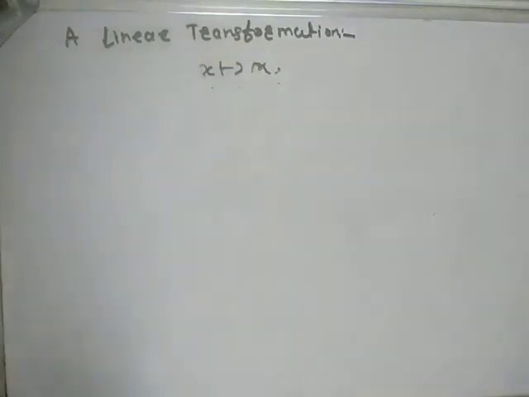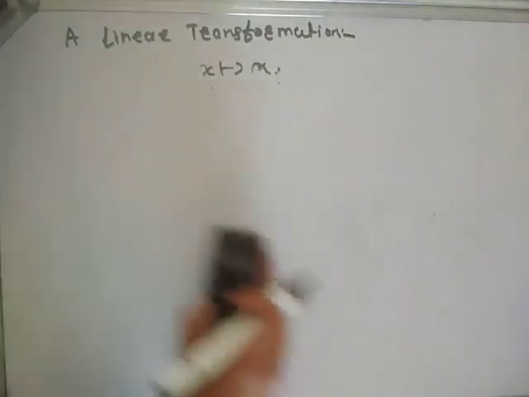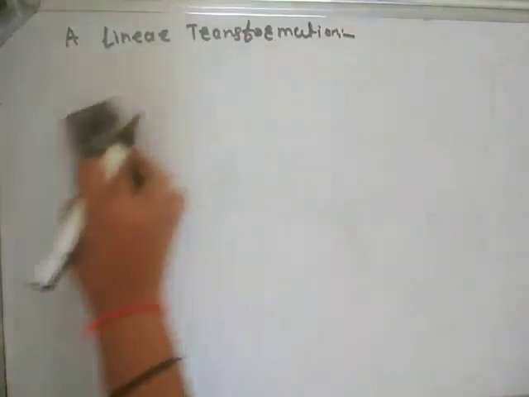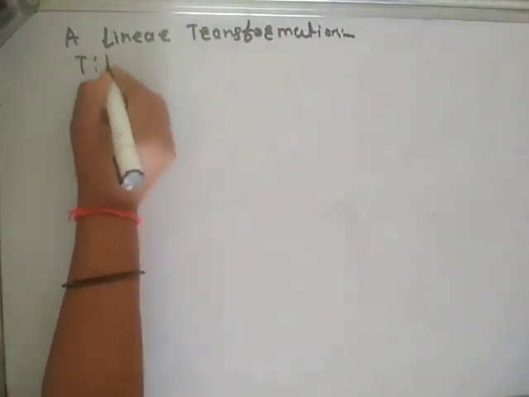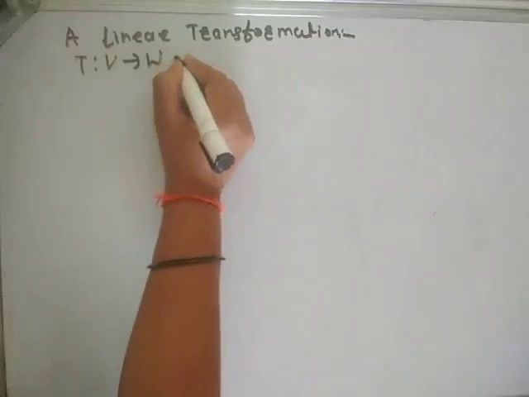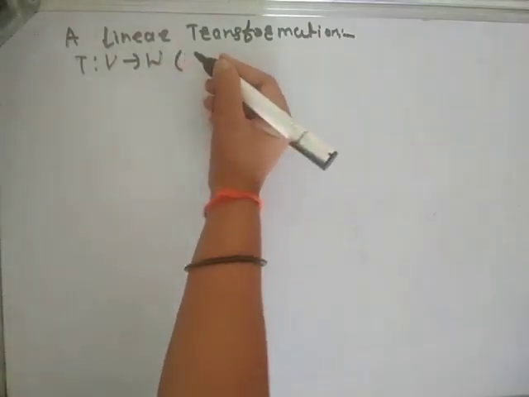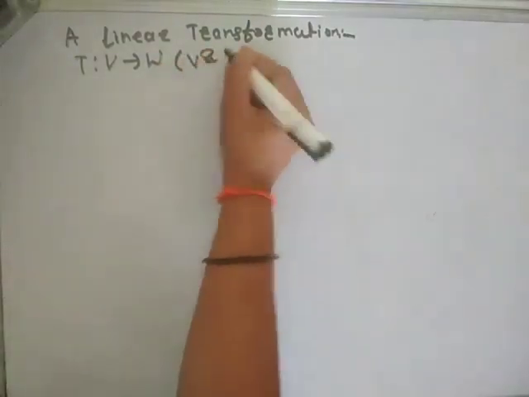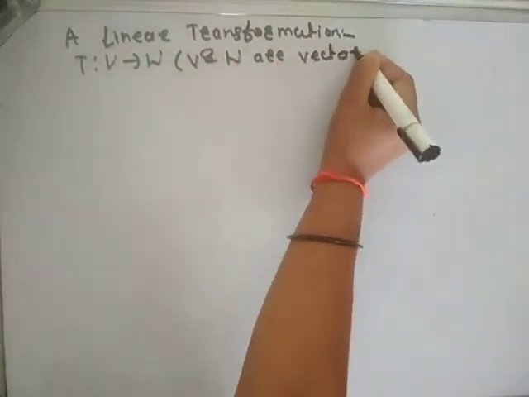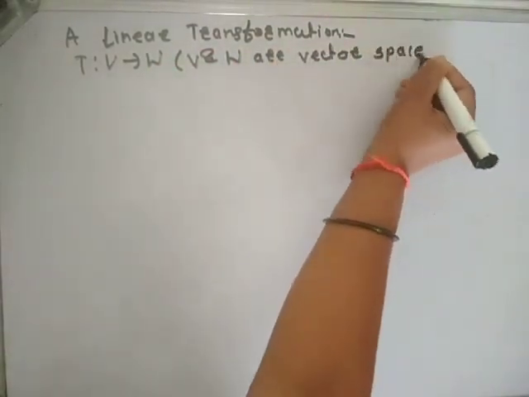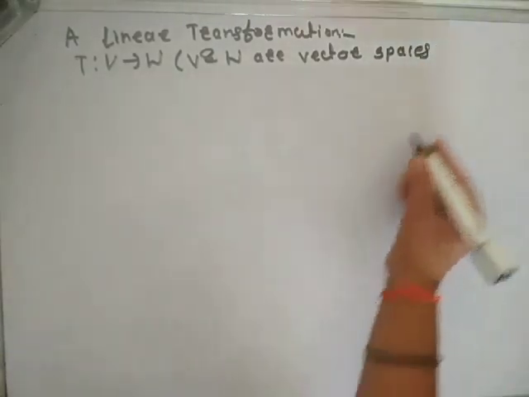Now here we define a linear transformation between two vector spaces V and W. T from V to W, where V and W are vector spaces.